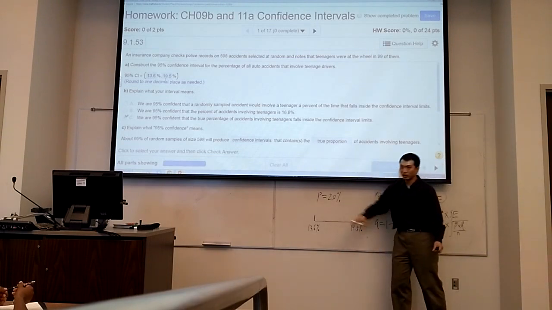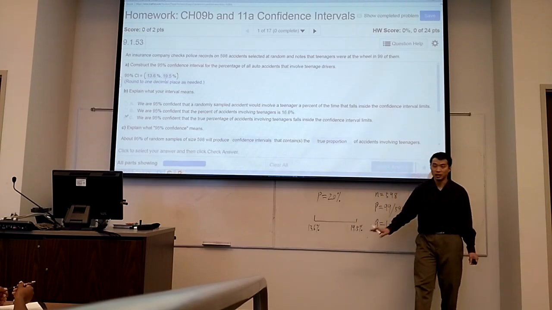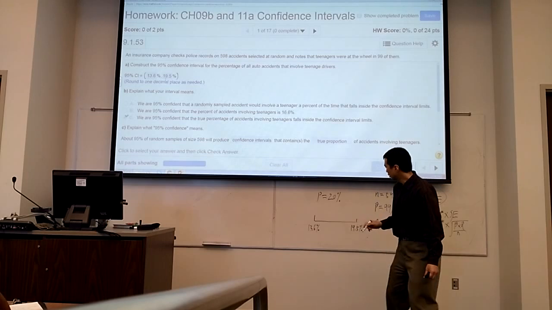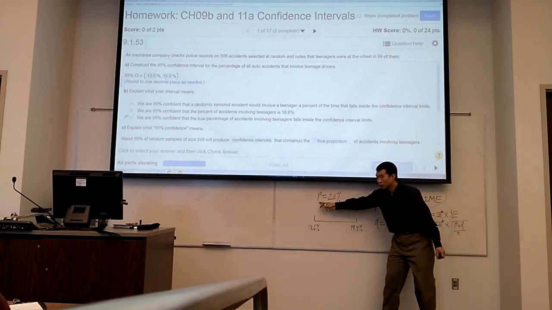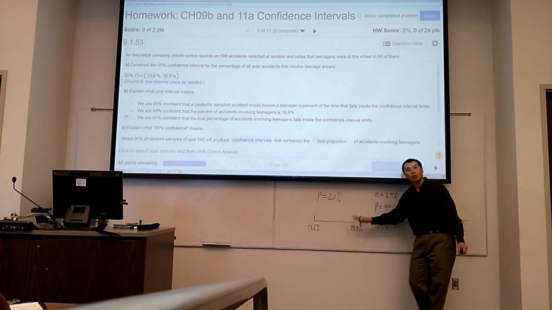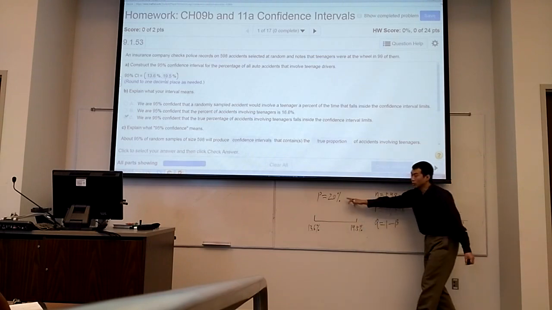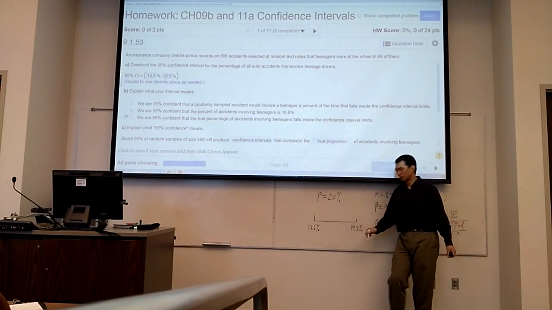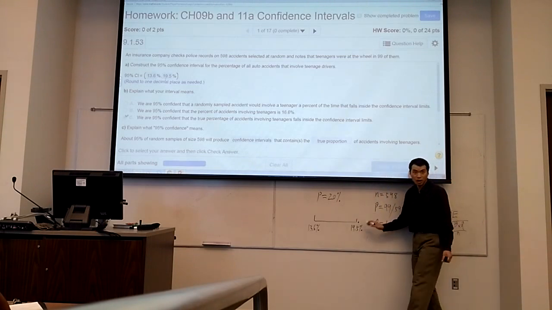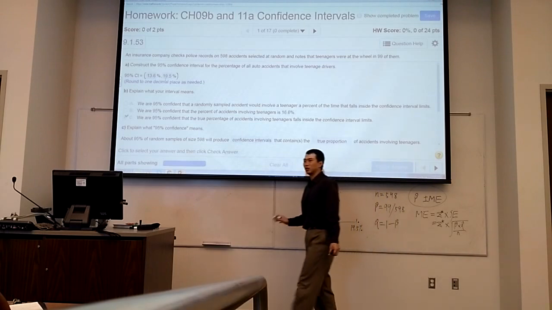That means we're 95% confident that the true proportion falls into this interval, which does not include 20%. 20% is somewhere here, so it's not in the confidence interval we constructed.